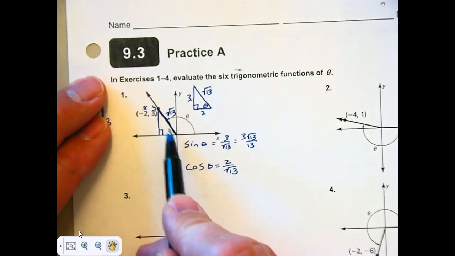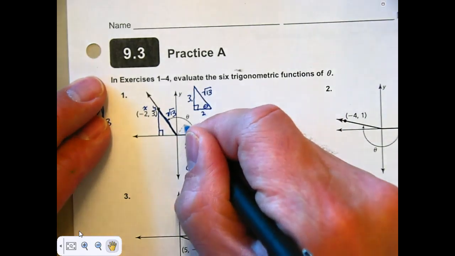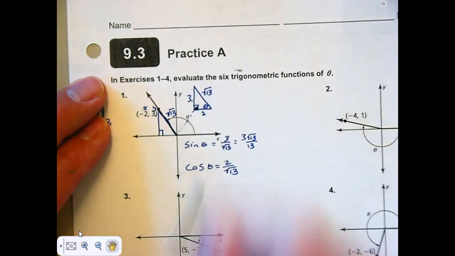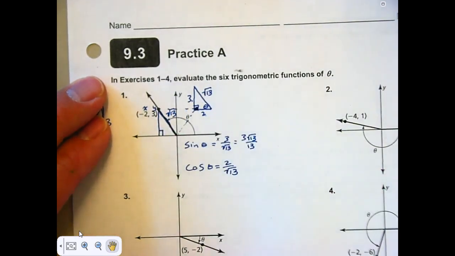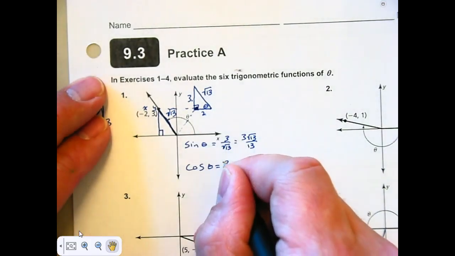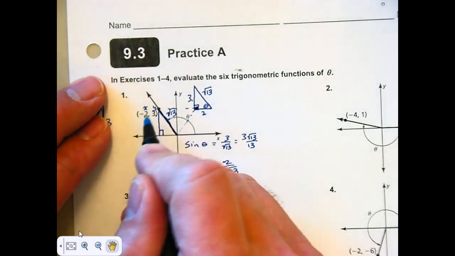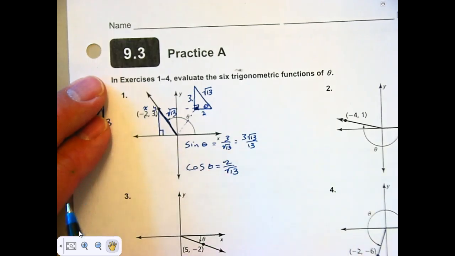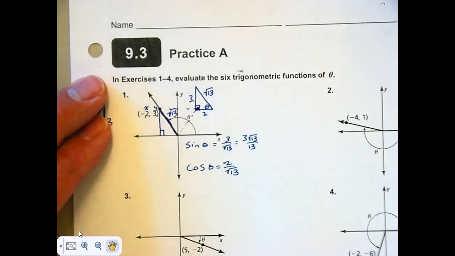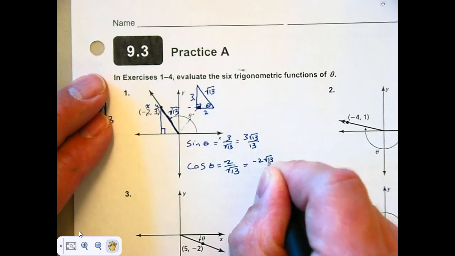So in that case, if I do 2 over root 13, that's going to kick me out to this angle over here. It's going to give me that coordinate of an angle that's a reflection. So you have to use the -2. You have to use -2 for x when you're putting it in your ratio, so it brings you to the correct quadrant. Does everyone understand that? Okay? We good? So that would be -2 root 13 over 13.